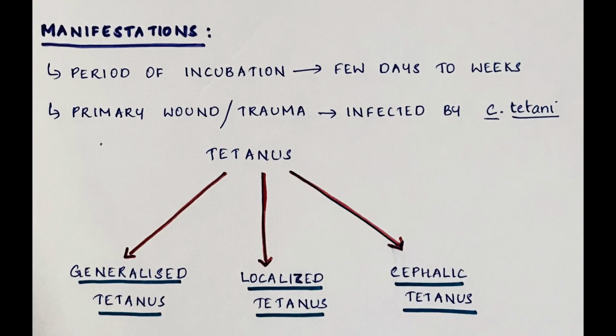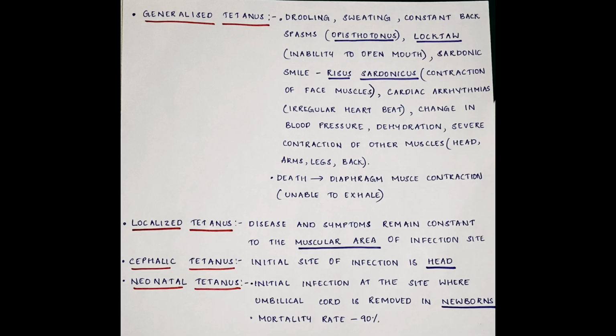Clinical manifestations. The period of incubation of tetanus is a few days to weeks. The primary wound or trauma is infected by Clostridium tetani. Tetanus is classified into three types: generalized tetanus, localized tetanus, and cephalic tetanus. In generalized tetanus, the early symptoms are drooling, sweating, and constant back spasms.